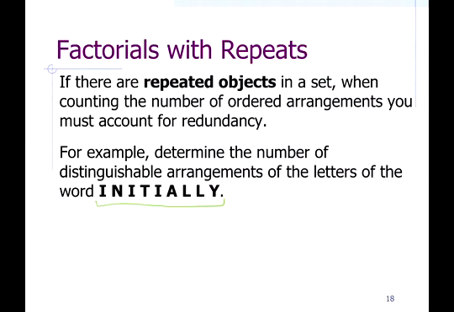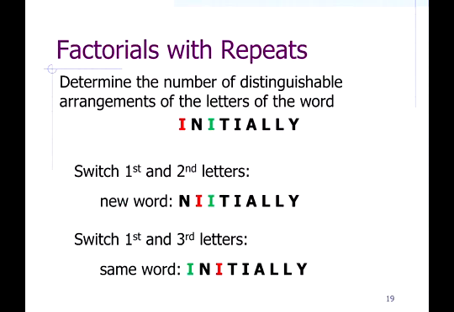Well, there might be some repeated arrangements because there are some repeated objects in the set, or in this case, repeated letters in the word. What I mean by this is, with the word initially up here, let's make the first I red and the second I green. So if we switch these 2 letters, this I and this N, we get a different word. Okay, that's fine.